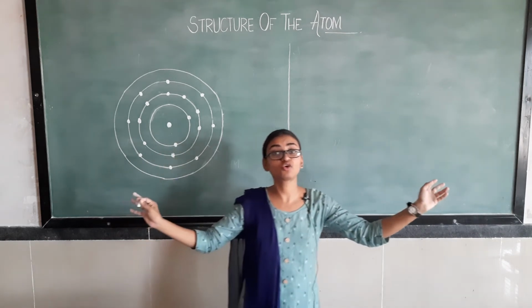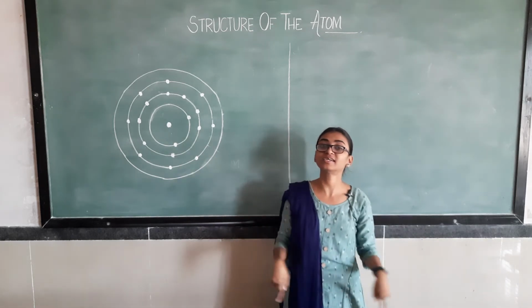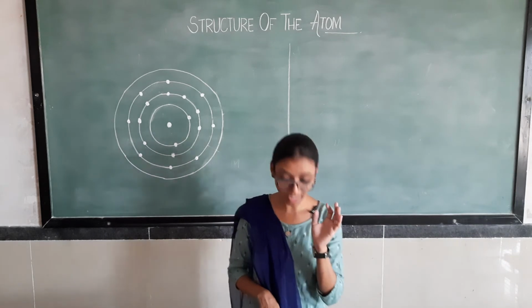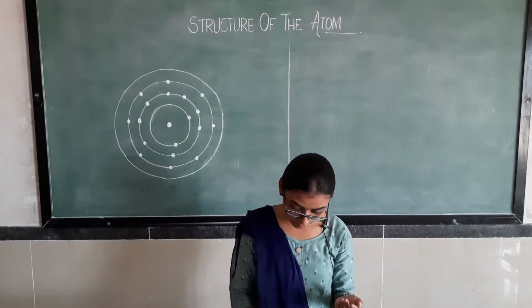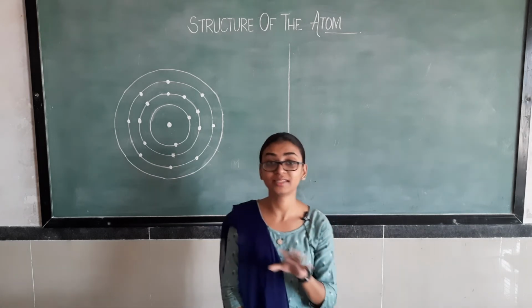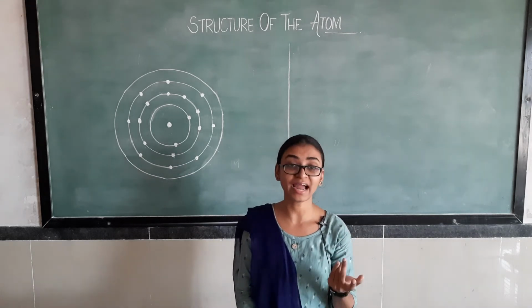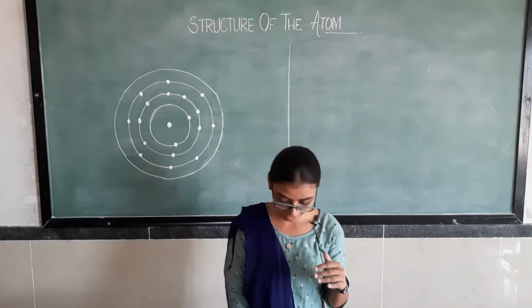Again, argon has 18 electrons in total. So these elements are stable, they have a completely filled outermost shell, so they show little chemical activity as they have a stable configuration.